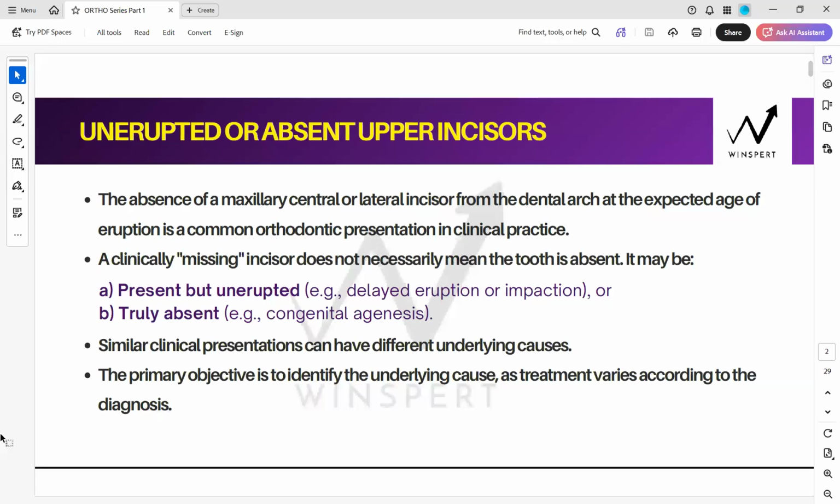So the similar clinical presentations can have different underlying causes as well. We must know all the causes, which can be local, developmental, traumatic, or pathological factors, which can be responsible for similar clinical presentations.